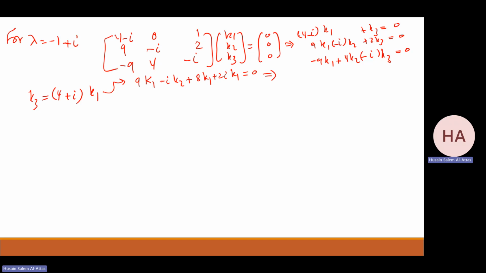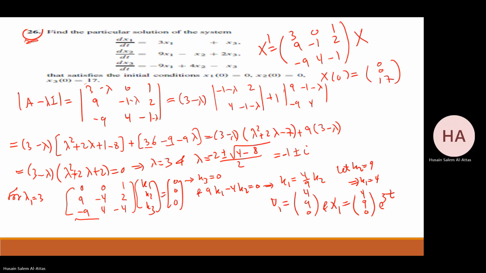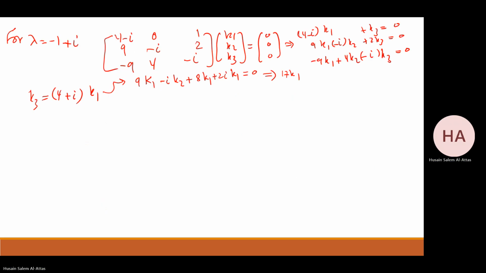Do you have 17K1? Did I make a mistake? This is 9, 4, 2 minus i.